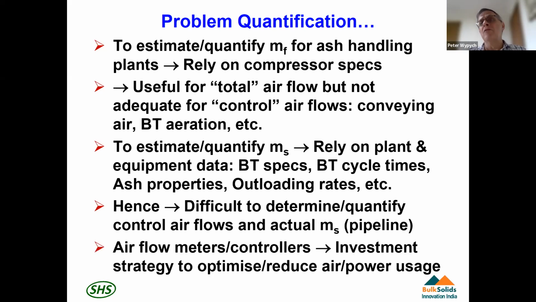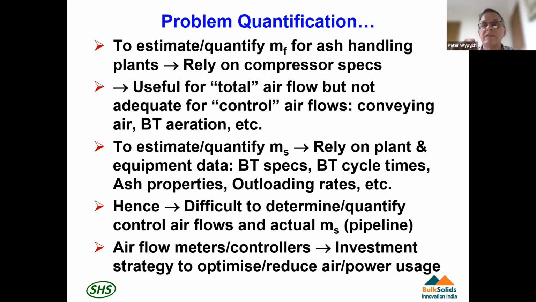Now, we can look at putting airflow meters and controllers on the system. And these are expensive. Not many people do it, but I do suggest for managers, if they're listening, consider this as an investment opportunity, an investment strategy, so that we can then use this equipment to optimize and reduce your air usage and power usage through your plant.